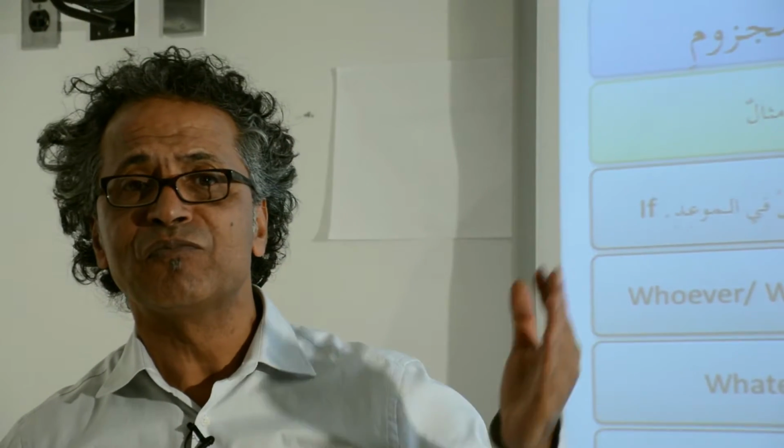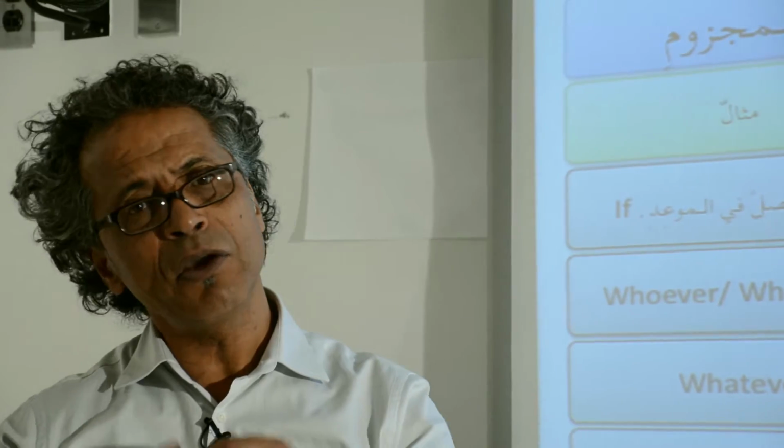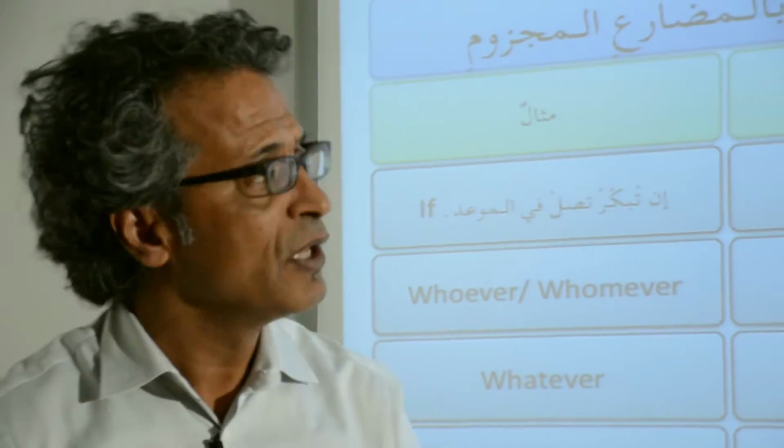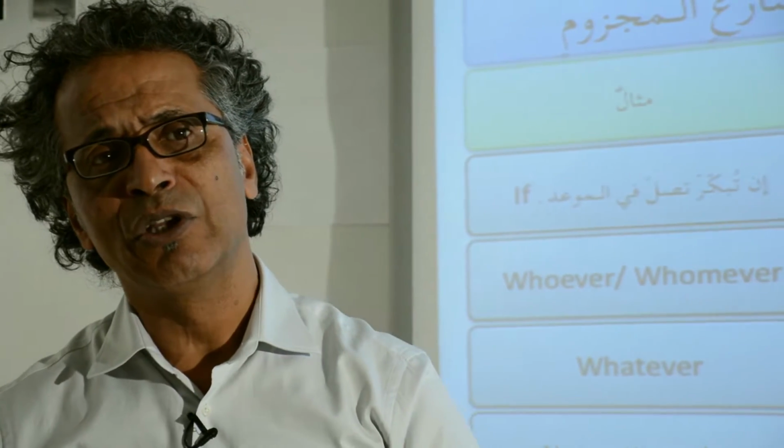أدوات الشرط, the conditional particles, and they go beyond if. If is not the only word that one can use in conditional sentences. They are put into two types depending on what tense is preferred after them. And I say preferred, and this is a very important point that I would like to talk about.